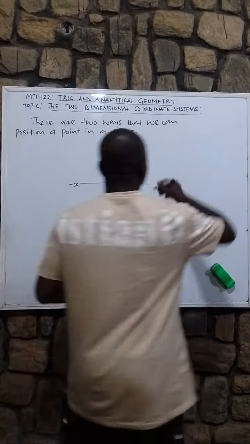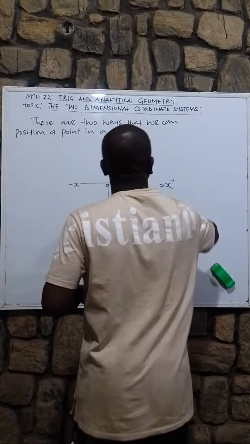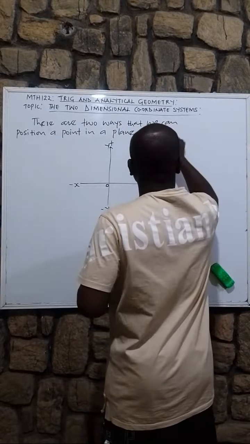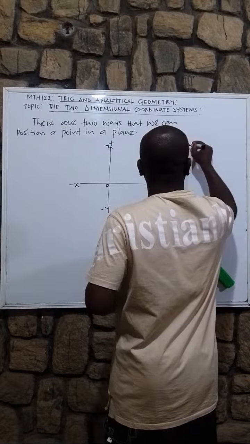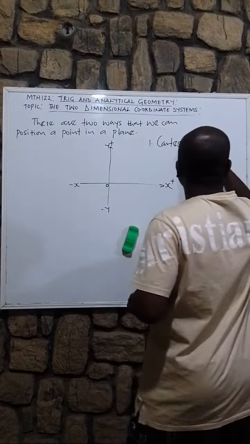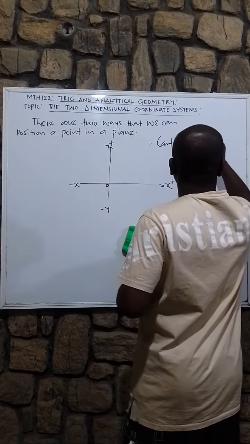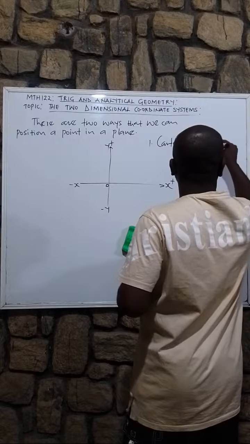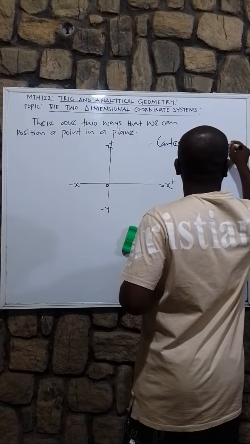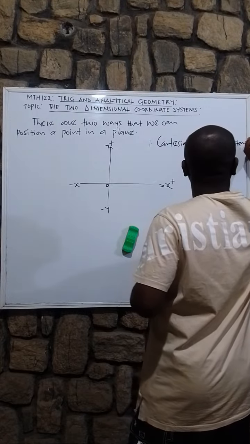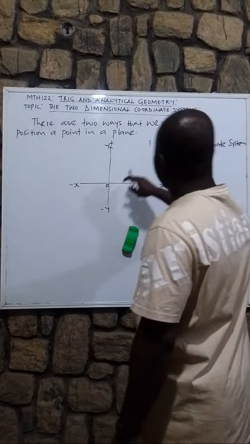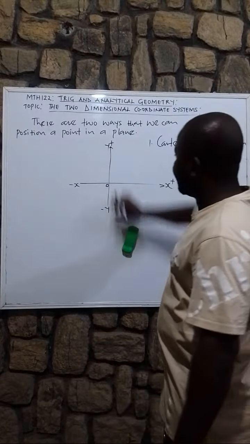One is the Cartesian coordinate system, that is of this form.